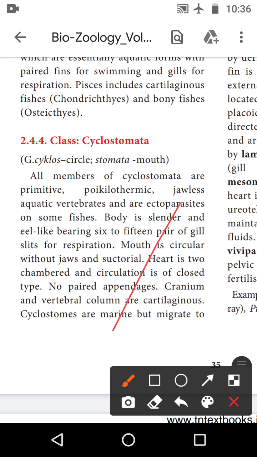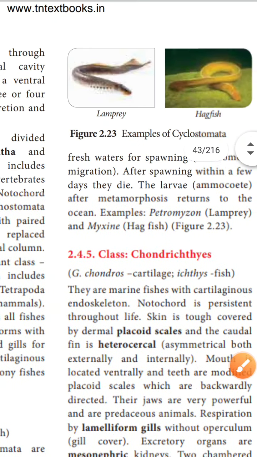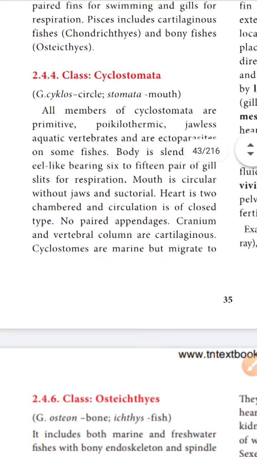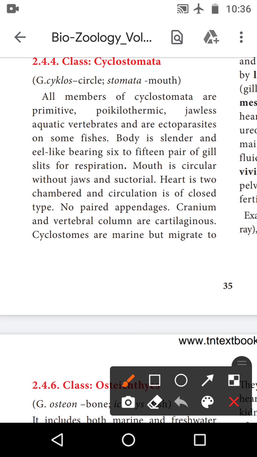Cyclostomata. What is meant by Cyclostomata? We will see the Cyclostomata. The first part, cyclo, means circle, and stomata is the mouth. So all members of the cyclostomata are primitive poikilothermic. Poikilothermic means the body temperature varies.